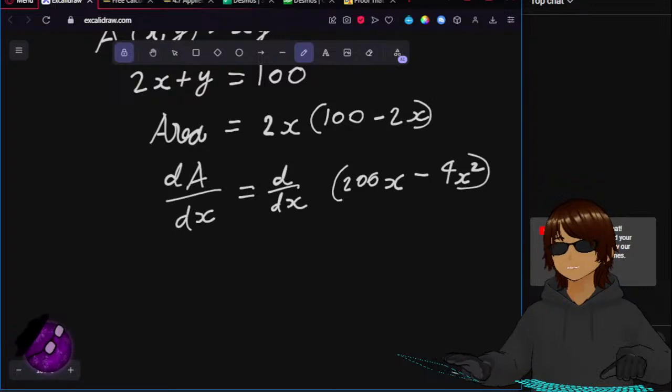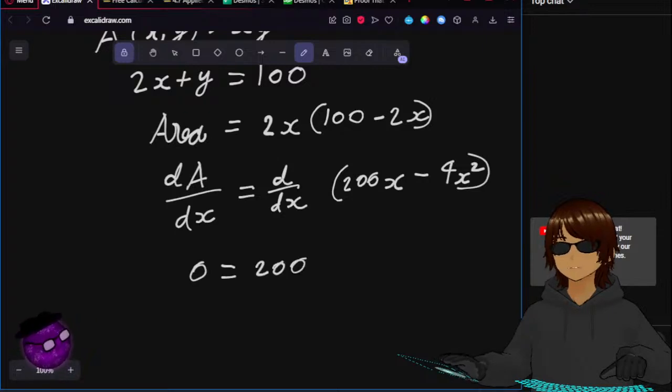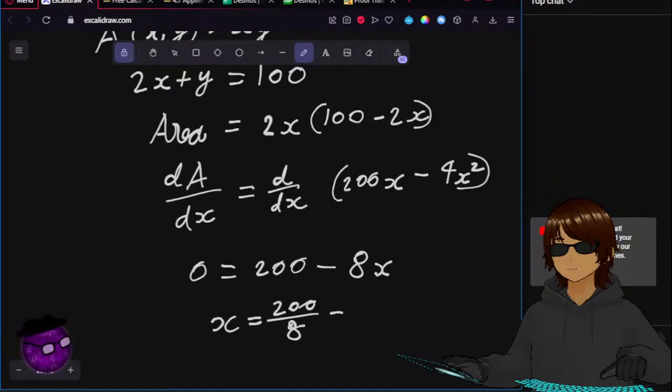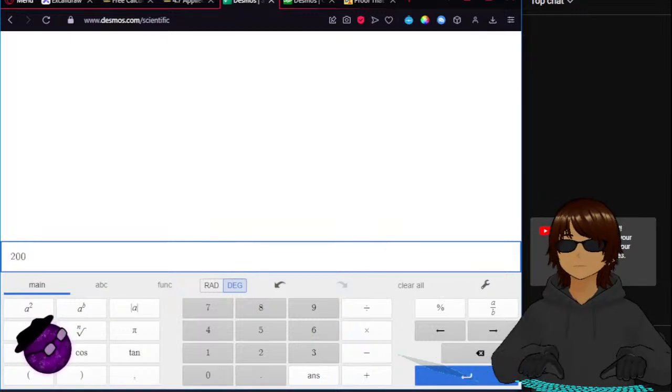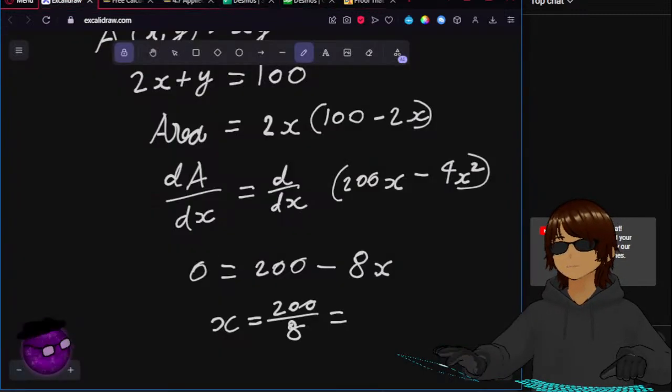This is how much the area changes depending on the x. So if it's 0, then 200 minus 4 times 2 is 8x, x is 200 over 8, 25.